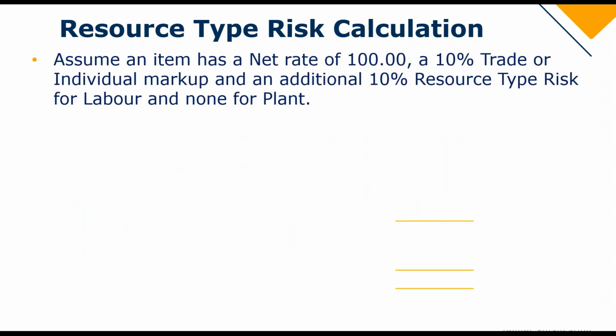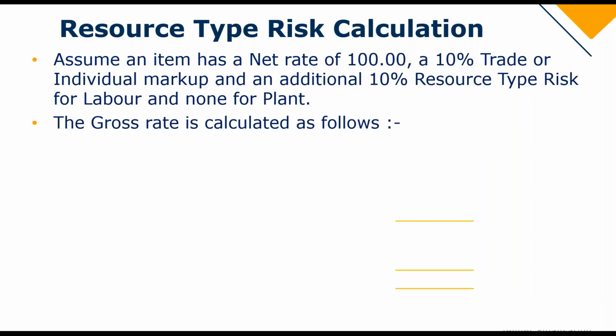So assume an item has a rate of 100, a 10% trade or individual markup, and an additional 10% resource type risk for labor and none for plant. So the gross rate is calculated as follows. So your net rate equals 50 for labor, 50 for plant to give me 100 Rand.